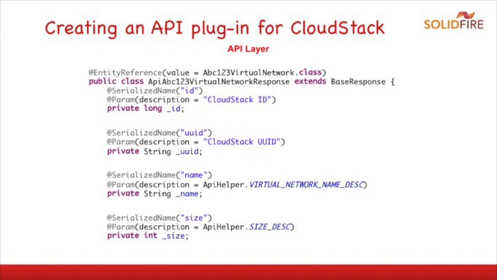When I give that to CloudStack, it knows, because it's annotated this way, what to send back to the client. Underscore ID, we're just going to call ID when we send it back to the client. Underscore UUID, we're just going to call UUID. So from the client's perspective, it'll just see the serialized names equal to some value, whether it's a long or a string.